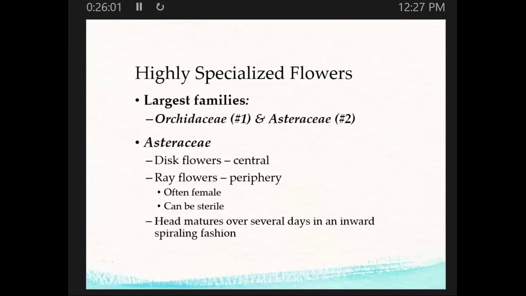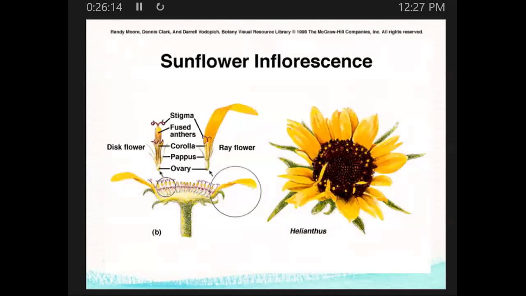And also when they get pollinated, that tends to happen as well. And then you'll start to see the seed formation or the fruit formation in a definite spiral pattern. So if you can grow some sunflowers in your garden and you have some good pollinators coming along, that's always fun to watch.